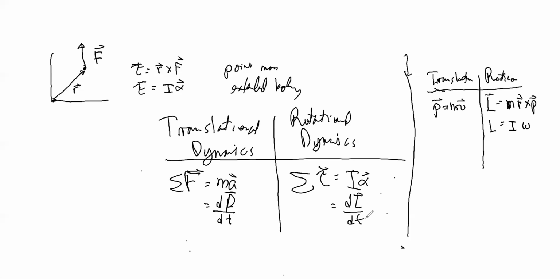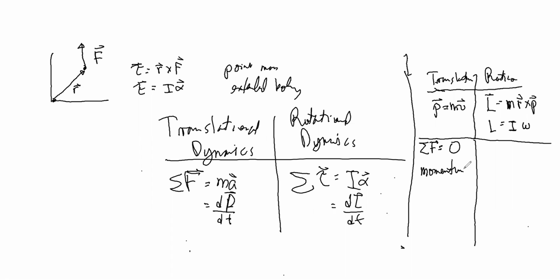So for the translational motion, you already know that if there are no external forces acting on the body, then just from this definition, you see that the momentum P is conserved.